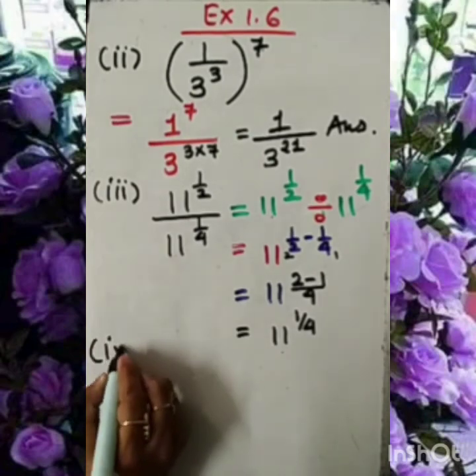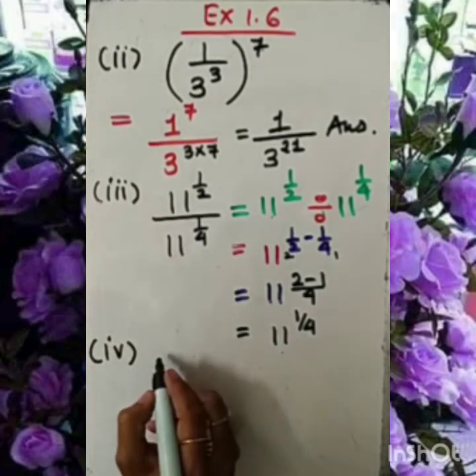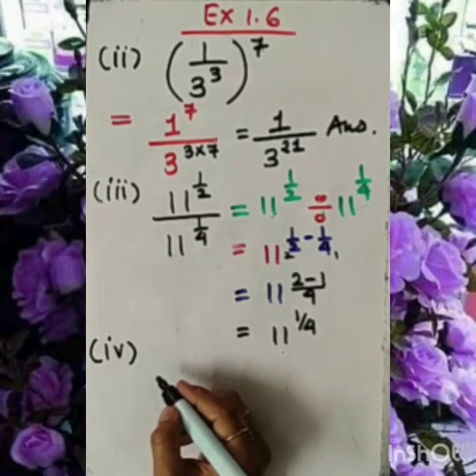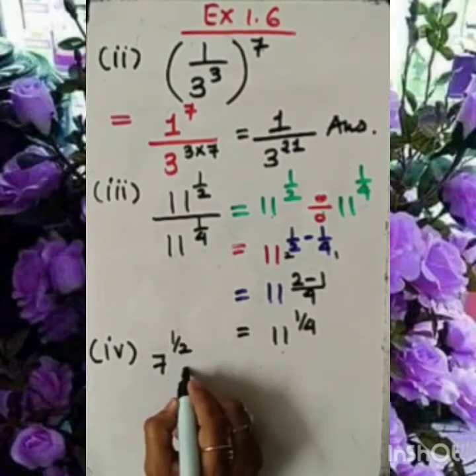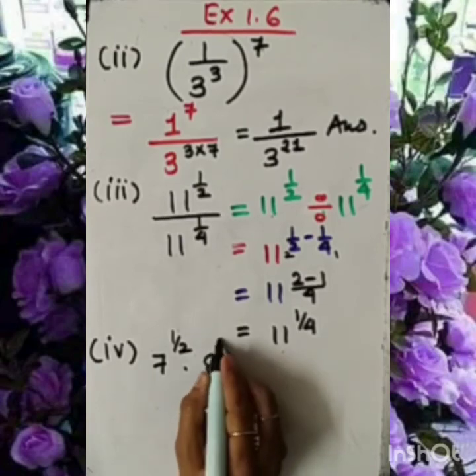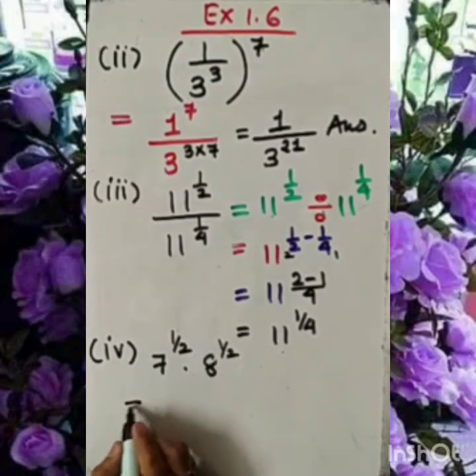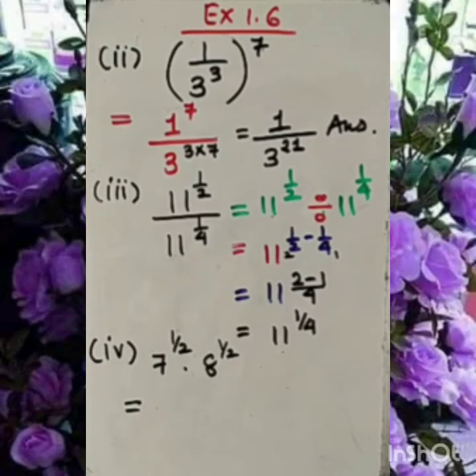Let's work out the last. The last question says 7 to the power 1/2 into 8 to the power 1/2. Let's see how to solve. Here we can't apply the law of exponent which we have already studied, because we can apply that only when the base is similar.